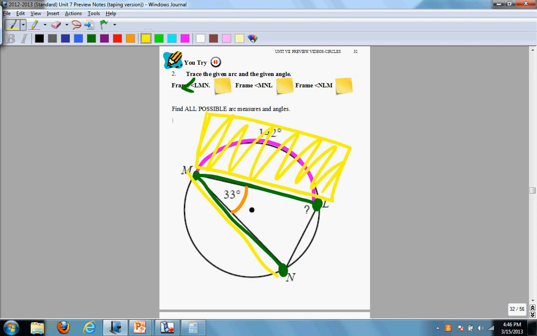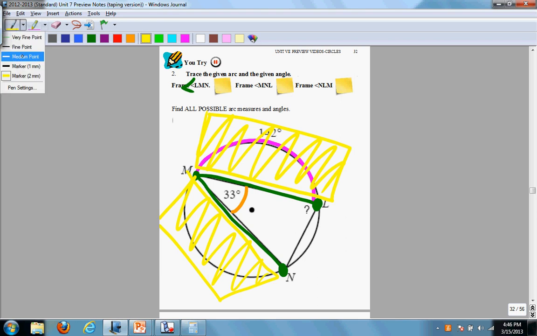Here's the other. Now the green angle, LMN, is inscribed, so the angle is, let's go this way, it's half of that arc right here, this arc on the outside.